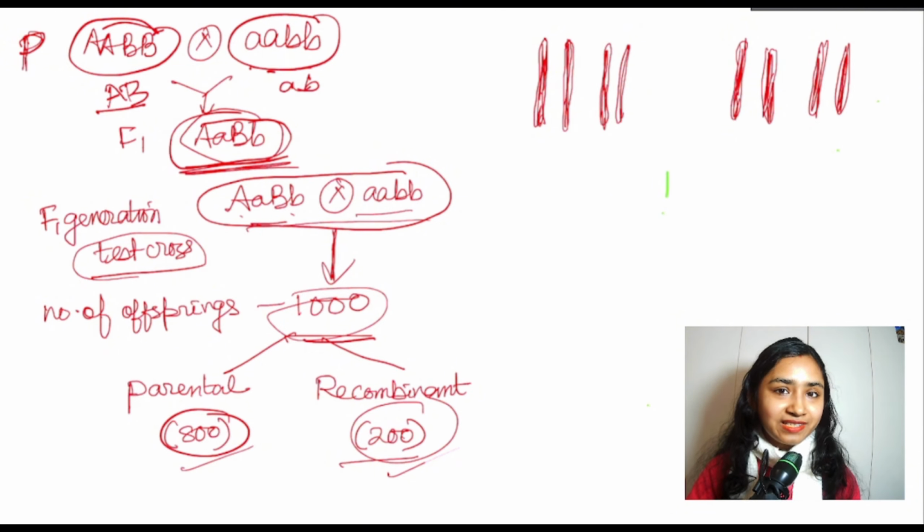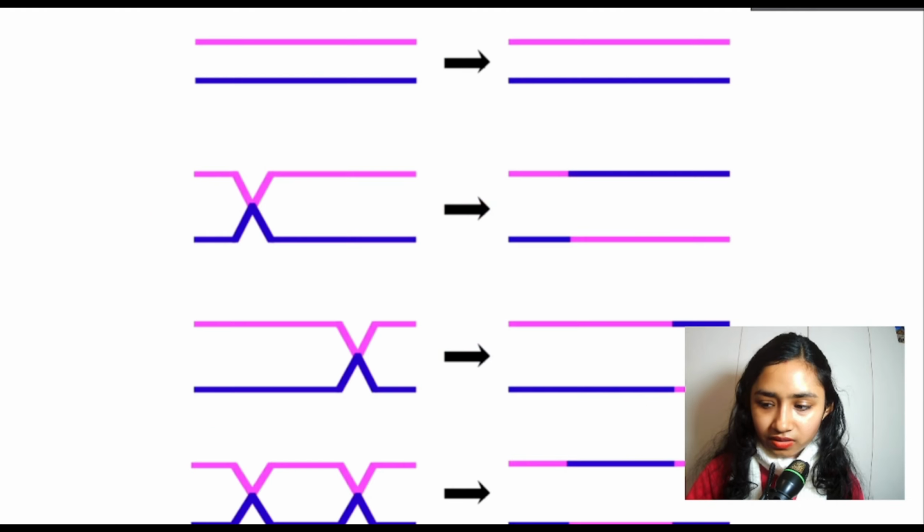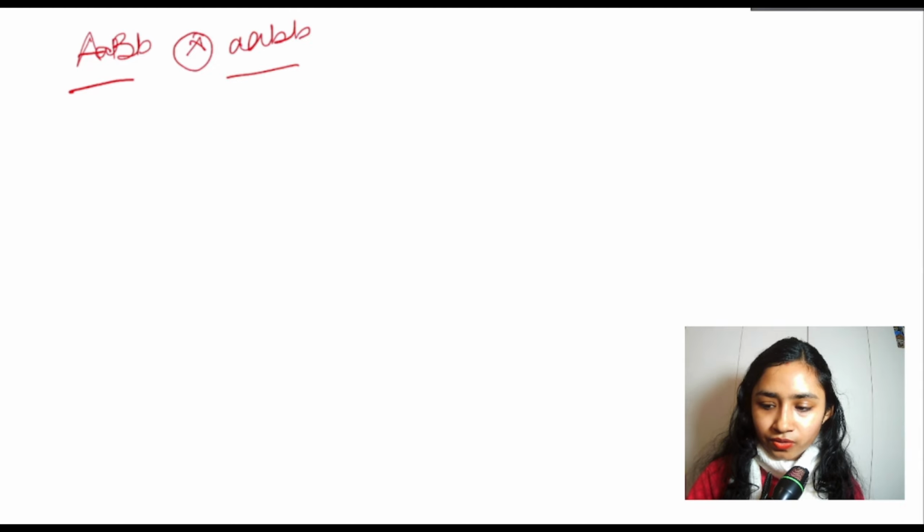Now we will understand how this recombination actually works. Okay, so I'm going to another page. The parent was capital A, small a, capital B, small b, crossed with small a, small a, small b, small b. This is the test cross. So let's write their chromosomes.